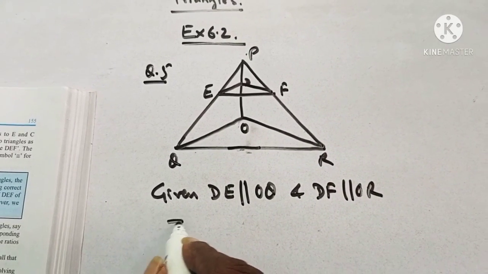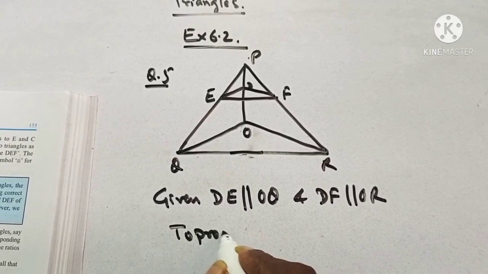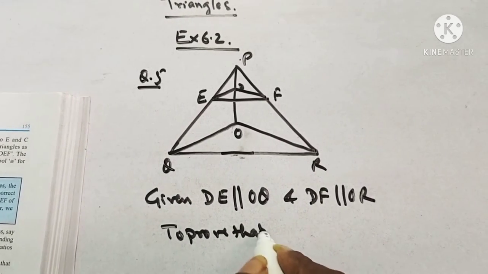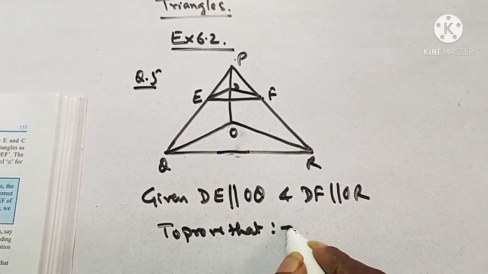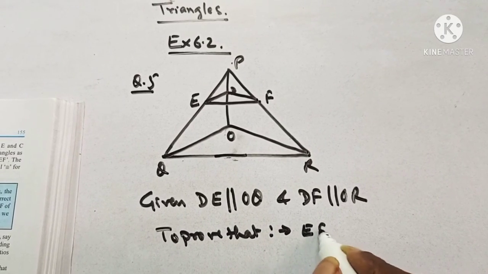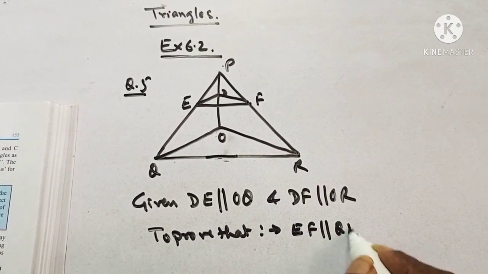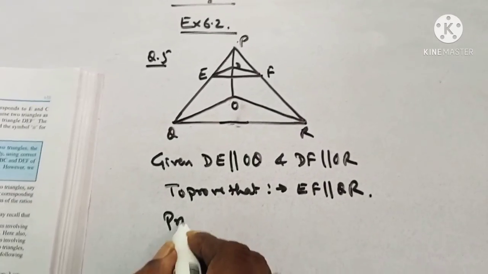We have to prove that EF is parallel to QR. So proof.